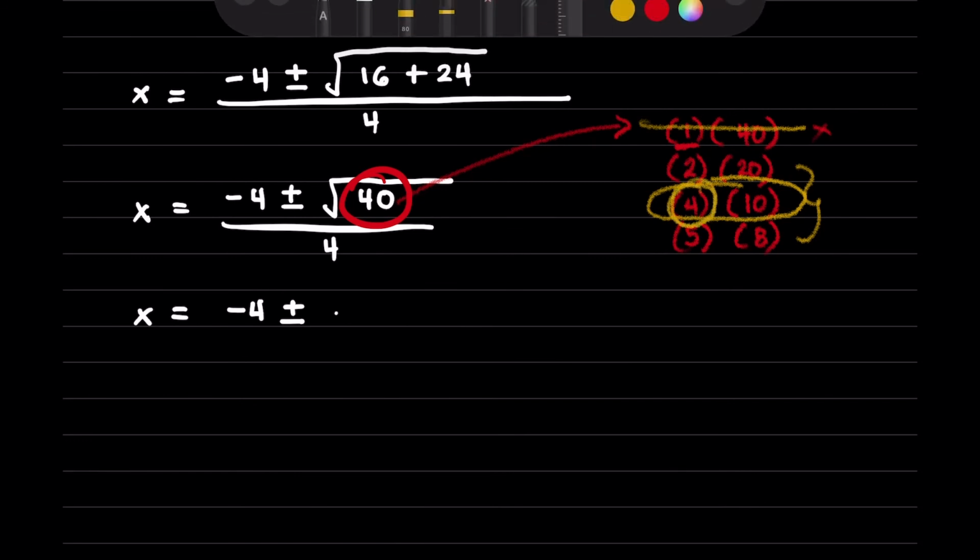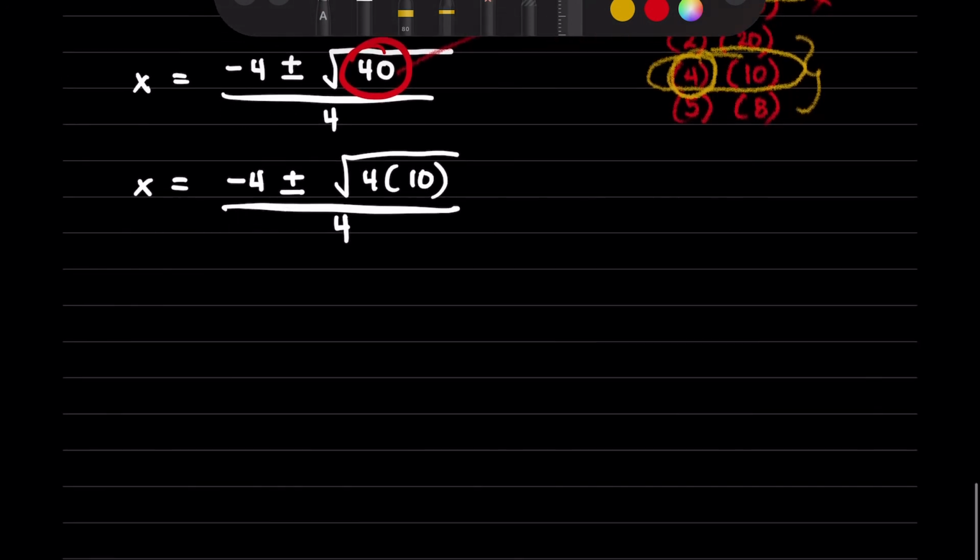Okay, so ang gagamitin natin dyan is 4 times 10 all over 4. Tatandaan to, nung nasa extracting tayo, yung review. So, next yan is negative 4 plus minus. So, what is the square root of 4? So, the square root of 4 is 2. So, ilalabas na natin yon.